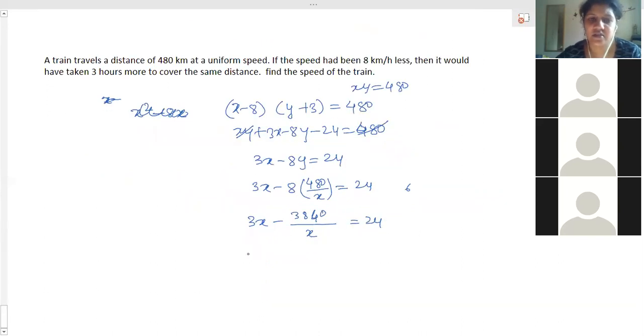Next, take the LCM with x: 3x square minus 3840, and 24x goes to the other side. So 3x square minus 24x minus 3840 is equal to 0. So x square minus 8x minus 1280.